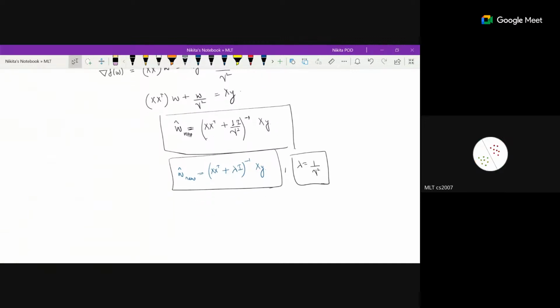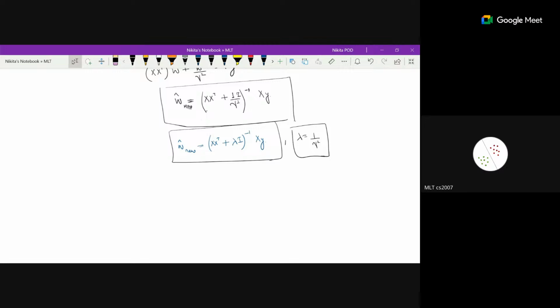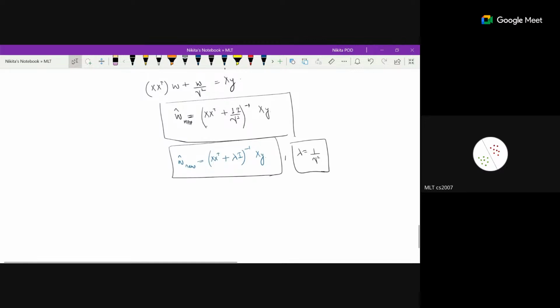All right. So once we have this new estimator with us, which is W hat MAP, we see that there is a constant. When we defined this new estimator, we had this lambda term over here, and we said this lambda is a constant greater than 0. This constant is a hyperparameter. You can call it a hyperparameter or a tuning parameter.